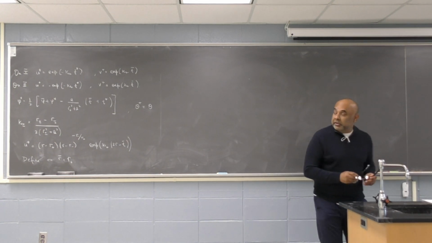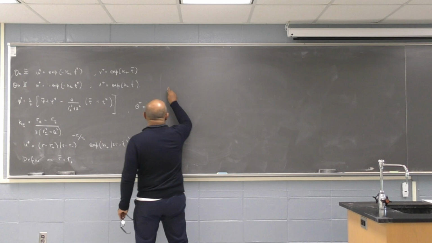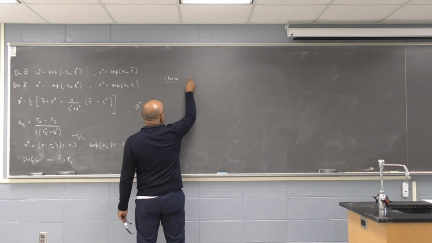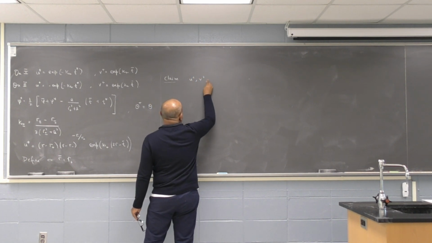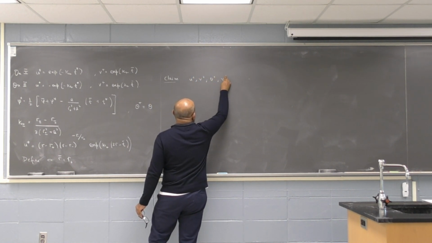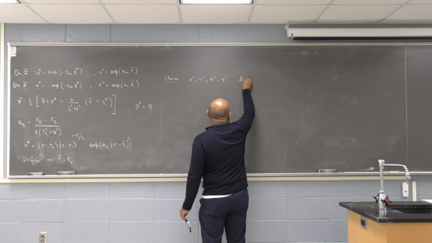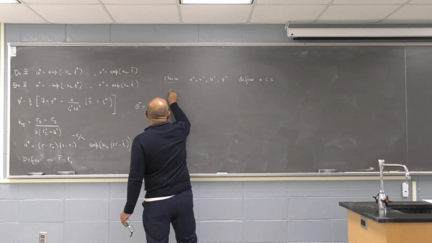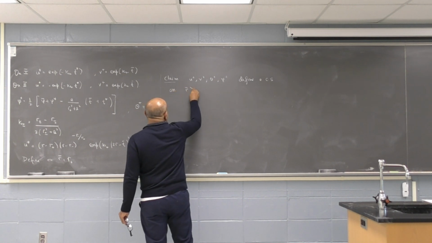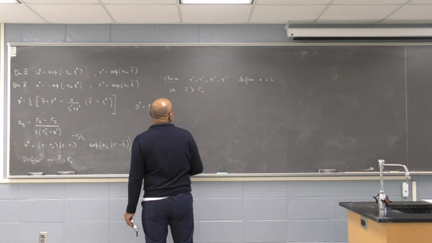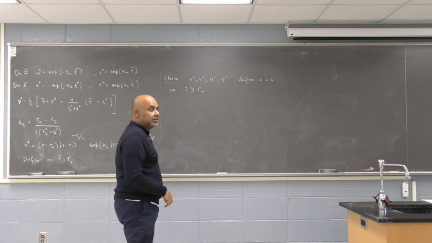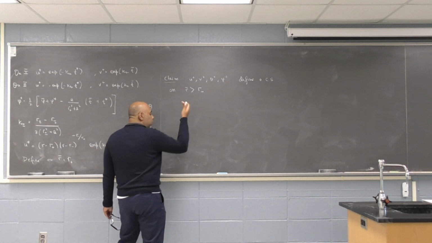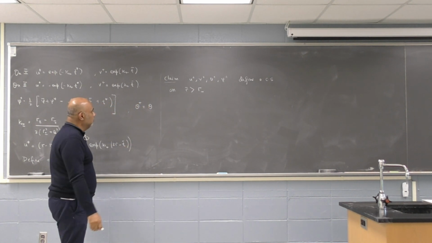But the first thing is, very quickly, I want to show that u plus, v plus, theta plus, phi plus defines a coordinate system on r bar greater than r minus. Too many bars and minuses, but we know what they mean. I really shouldn't say r bar. It is r bar equals r.